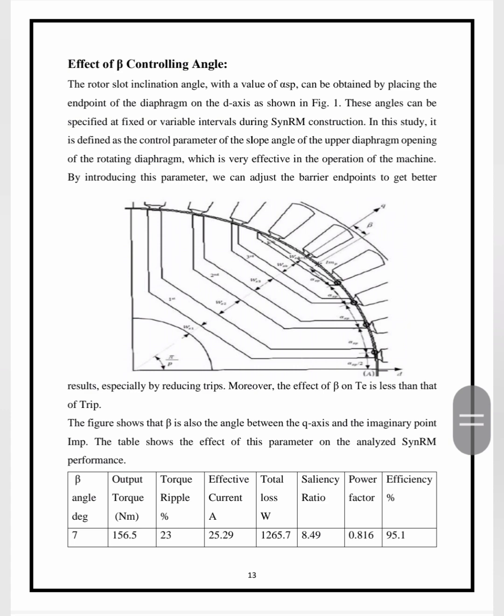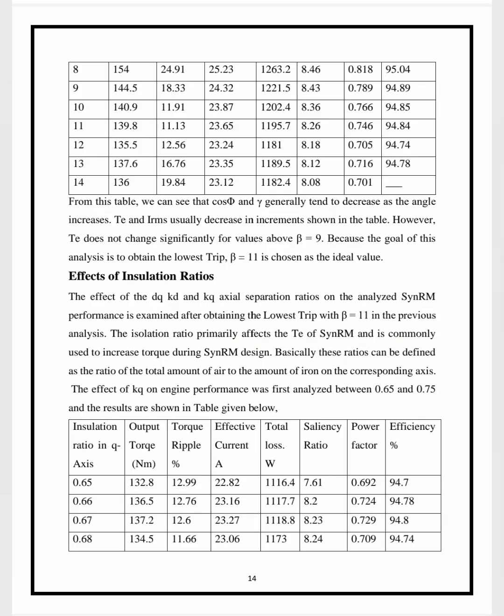Power factor is also decreasing, and efficiency is also decreasing. If we control the beta angle, it is the controlling factor of the SIN-RM technology. From this table, we can see that cos theta and gamma generally tend to decrease as the angle increases. These are all decreasing, as we can see from the table.